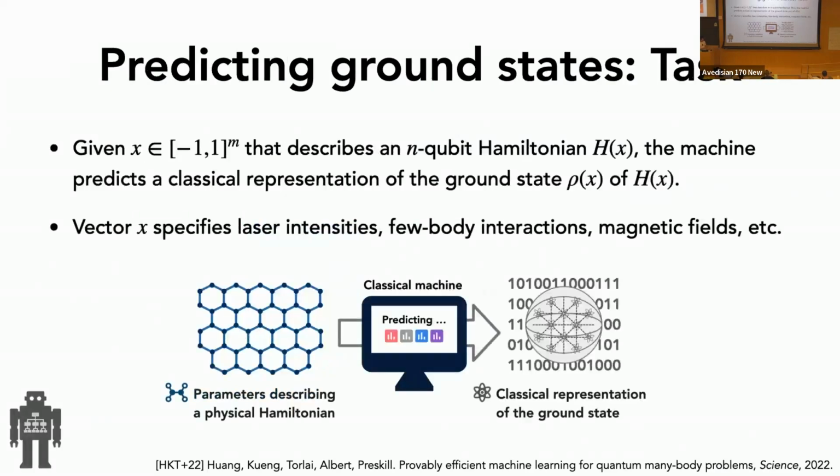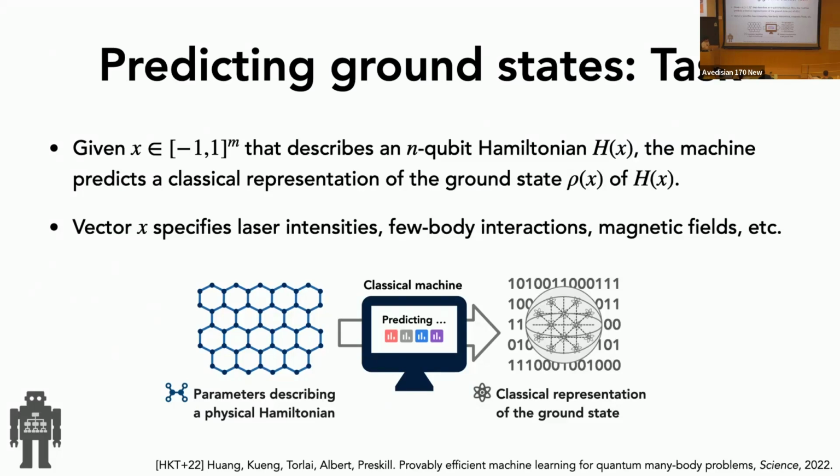One of the key tasks that I think people want to use quantum computers for is to solve for ground states. Or here, using more ML language, we want to be able to predict the ground state for a given Hamiltonian. So the setting is this. We consider a family of Hamiltonians, h of x, parameterized by a high-dimensional vector x.